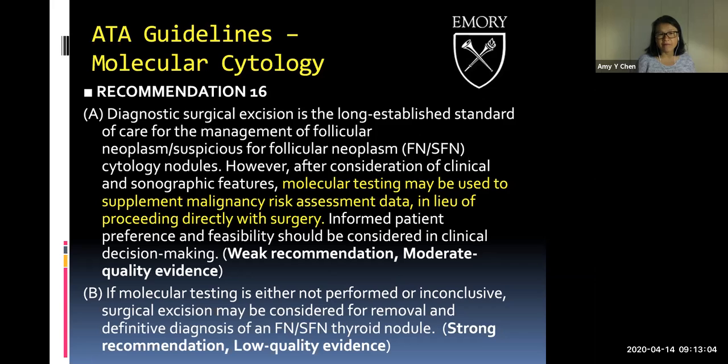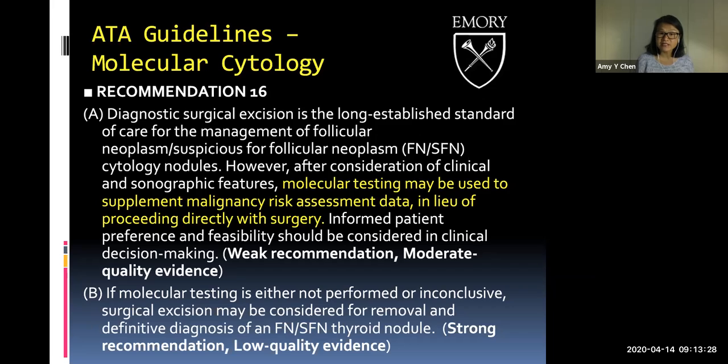However, we found that many of those nodules, especially if they were in the indeterminate category, Bethesda 3 and 4, were not going to be malignant. And therefore, there was some push to try to figure out if there's some other way that we can determine preoperatively or in lieu of surgery to predict the behavior of these nodules.